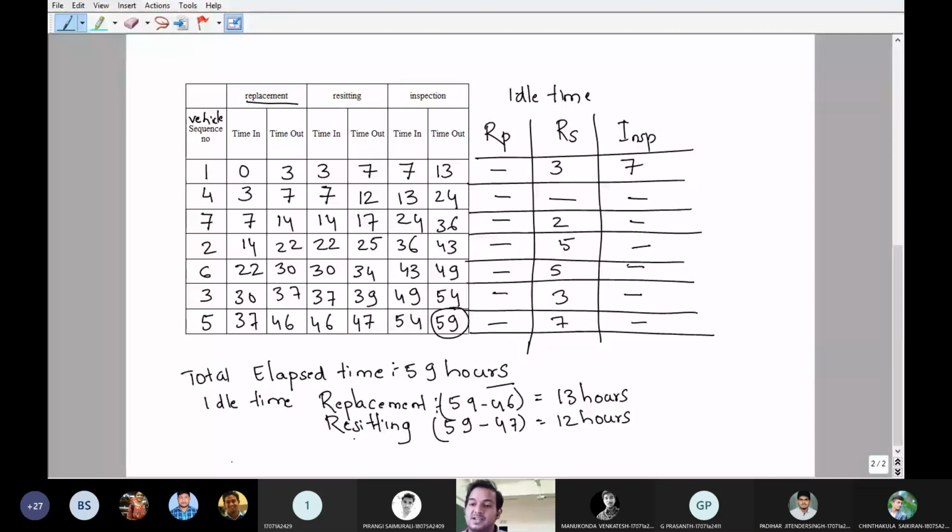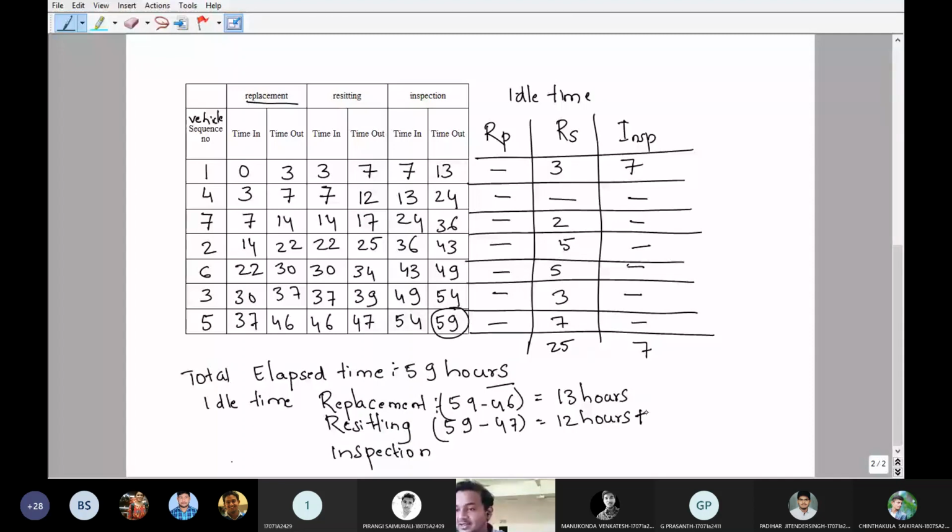This is an idle time, but we have to add it here. And what is the inspection time? Now you see here, there is no idle time here. Here for the inspection time, there is a 7. Here 3 plus 5, 10, 15, sorry, 10, 15, 25.